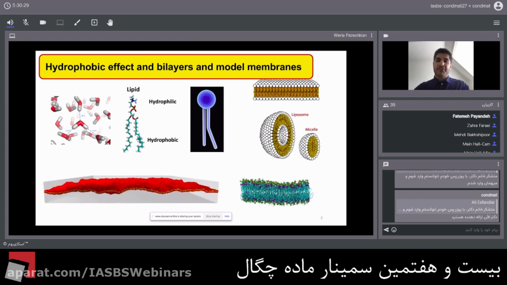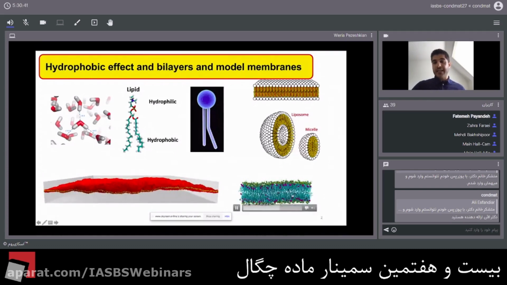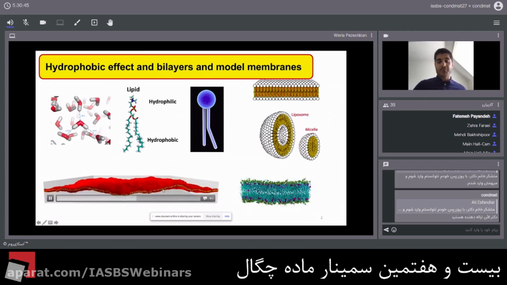But these pictures are actually very misleading, because membranes are not like that. They are flexible. They fluctuate a lot. For example, this is a fluctuation at the nanometer length scale, while this is a fluctuation at the micrometer length scale. And you can see that although the size can extend up to micrometer size or even more, hundreds of micrometers, the thickness is still only 2 molecules thick. That makes them very interesting.